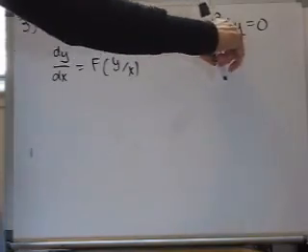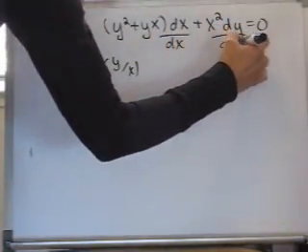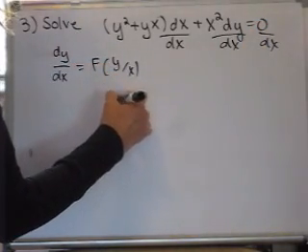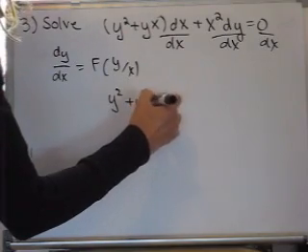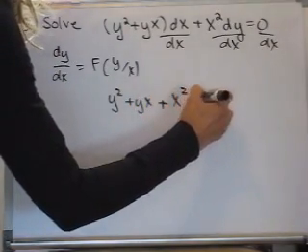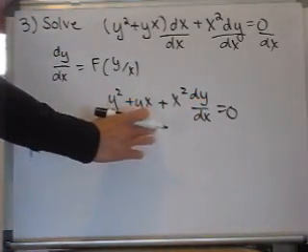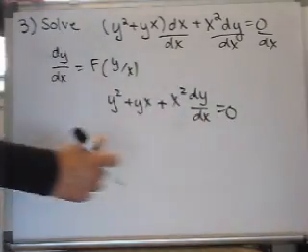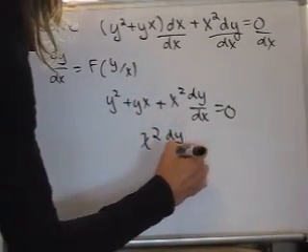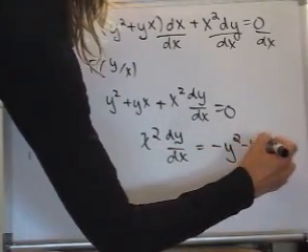So I'm going to divide the differential equation through by dx. And then I end up with y squared plus yx plus x squared dy/dx equals 0. If I subtract the y squared plus yx over to the right-hand side, I get x squared dy/dx is equal to negative y squared minus yx.